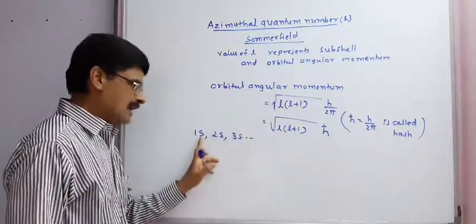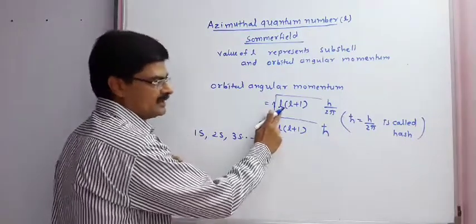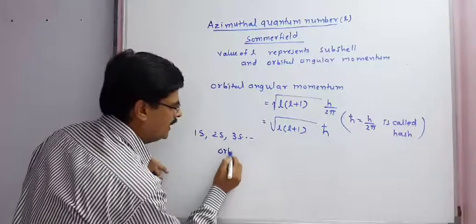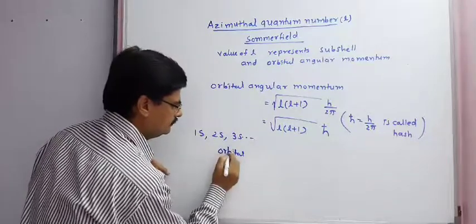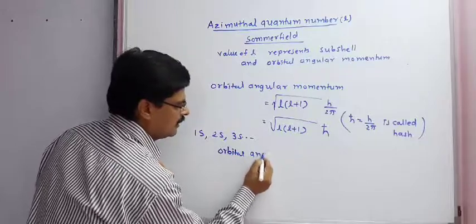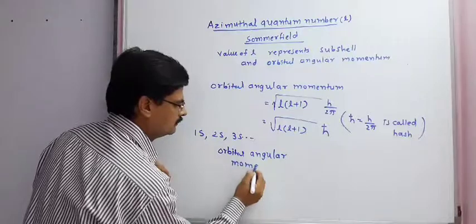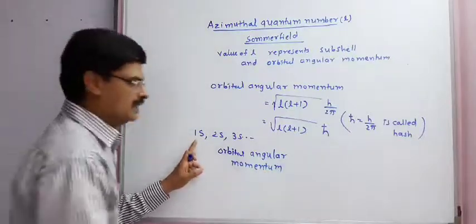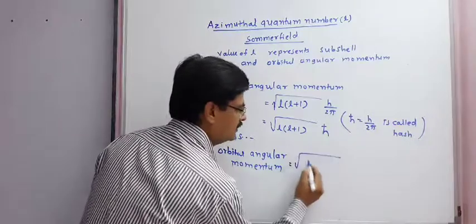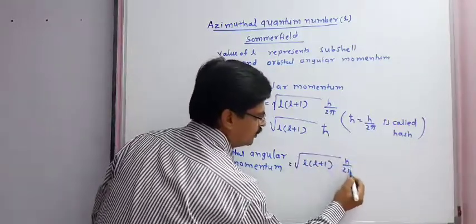Here s is given, therefore l is equal to 0 as I mentioned. So orbital angular momentum for any s orbital will be root of l into l plus 1 times h upon 2 pi.